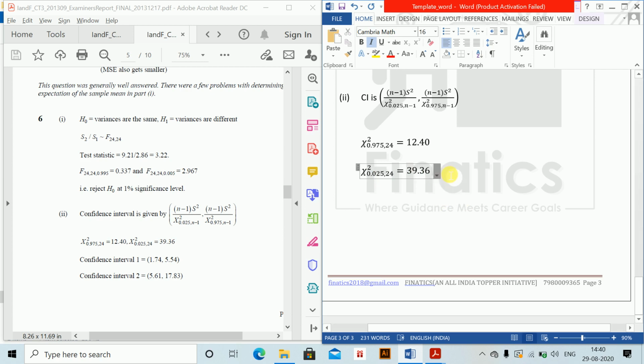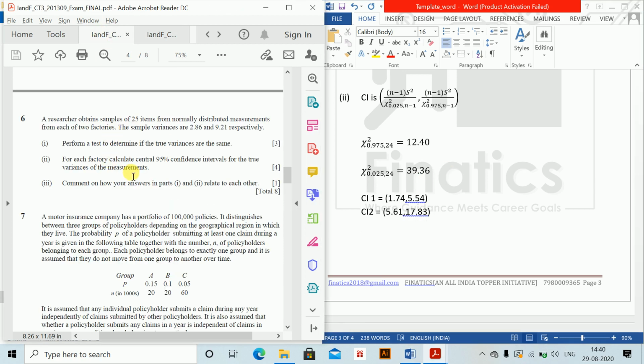Okay, therefore CI1 is equal to (1.74, 5.54), and CI2 is equal to (5.61, 17.83). Okay, so these are the two confidence intervals which I need to calculate for each factory.